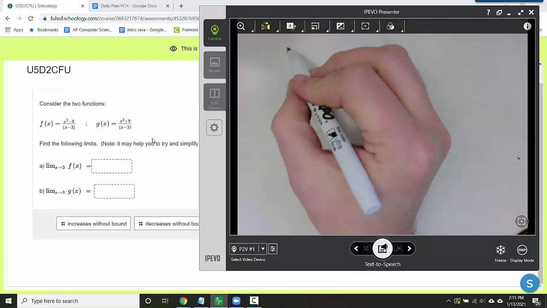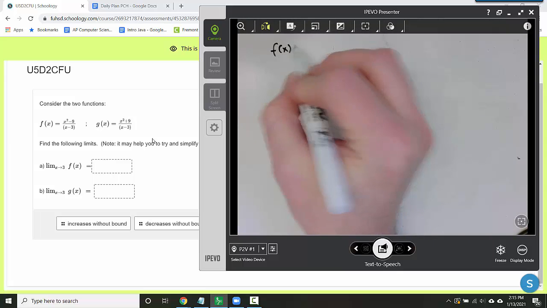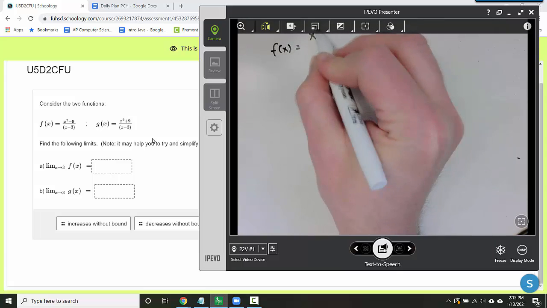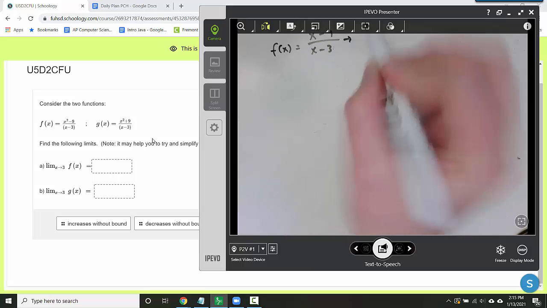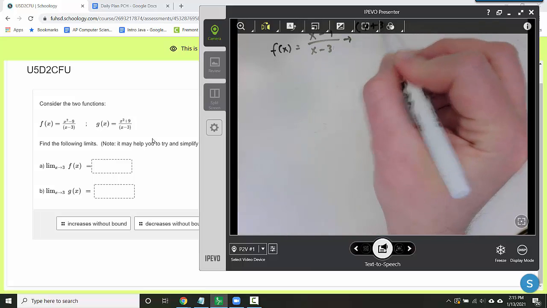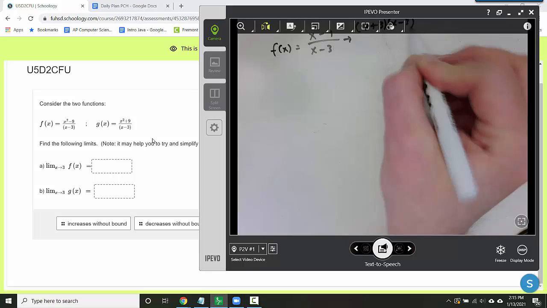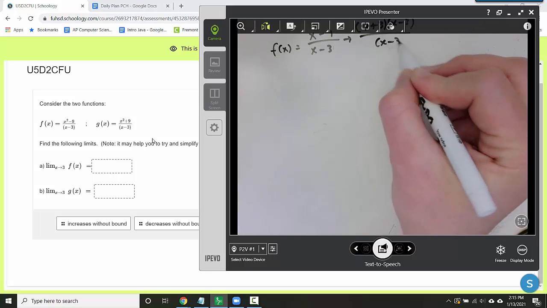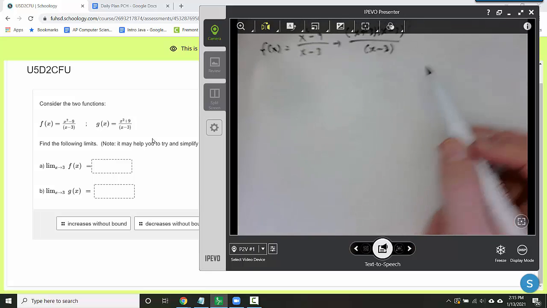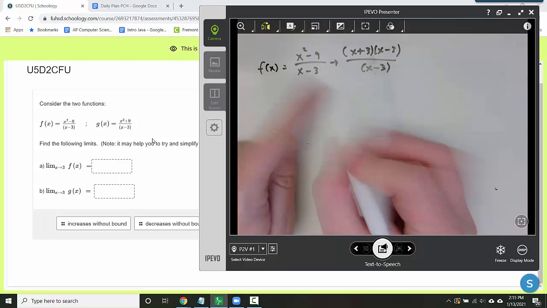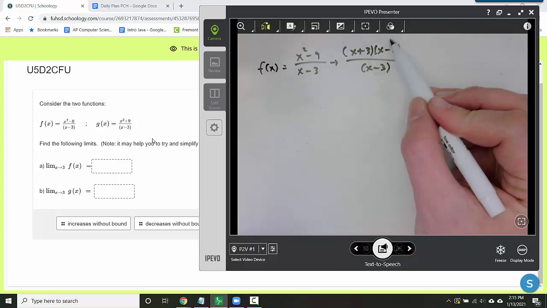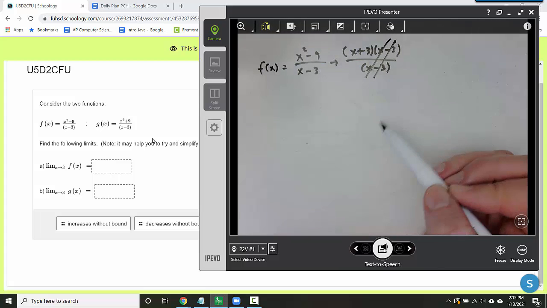If I've got the f function, which is x squared minus 9 over x minus 3, the numerator factors as x plus 3 and x minus 3. And so here you'll notice that these two terms divide each other to be 1.